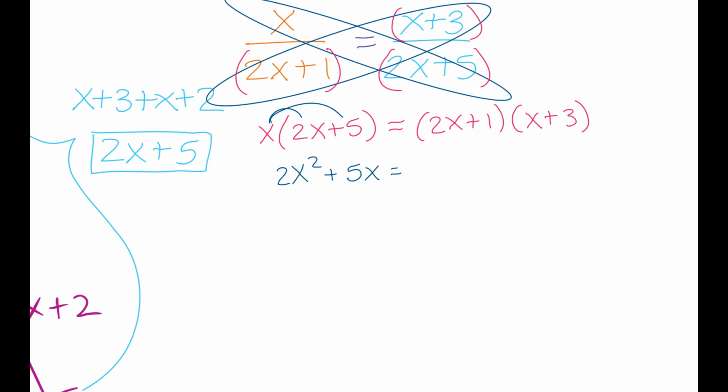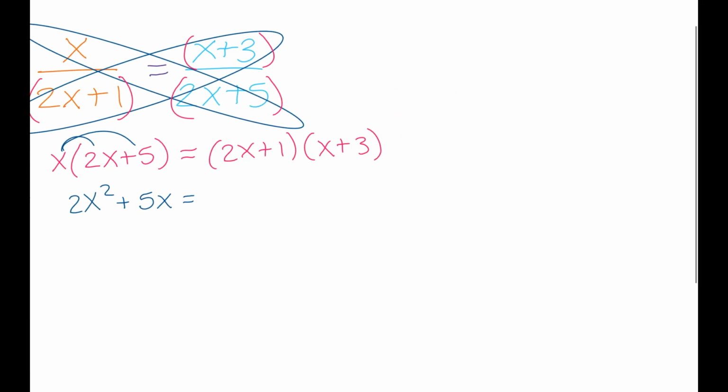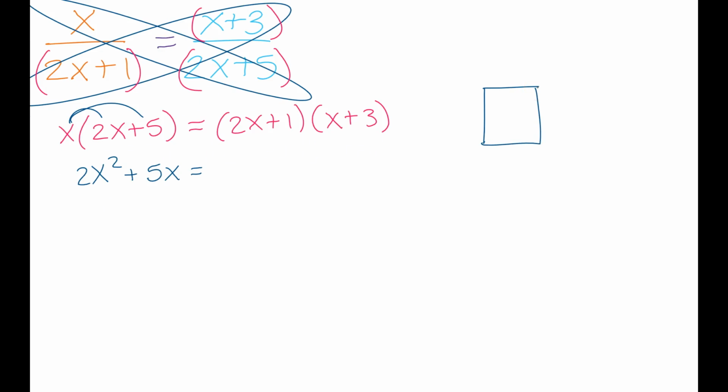Now we multiply 2 terms times 2 terms. What do we have to do here? Now we do the box method. So in our box, what goes up top? 2x plus 1.